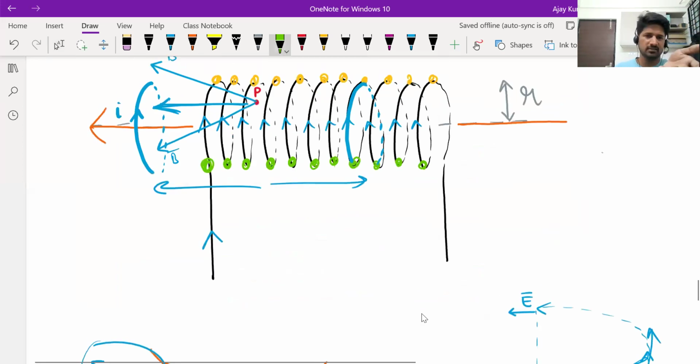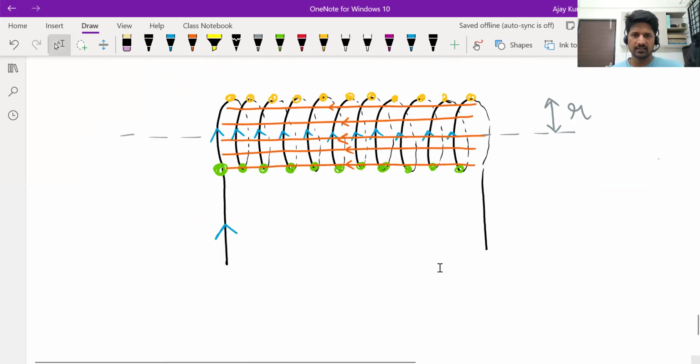Like this point P, there are going to be infinite turns on the right side and infinite turns on the left side. It will have some magnetic field there. At the same distance from the axis, you take another point Q. For Q also, there are infinite loops on the right side and infinite loops on the left side. Then P and Q will have the same magnetic field. So whatever is the field at P, same will be the field at Q.